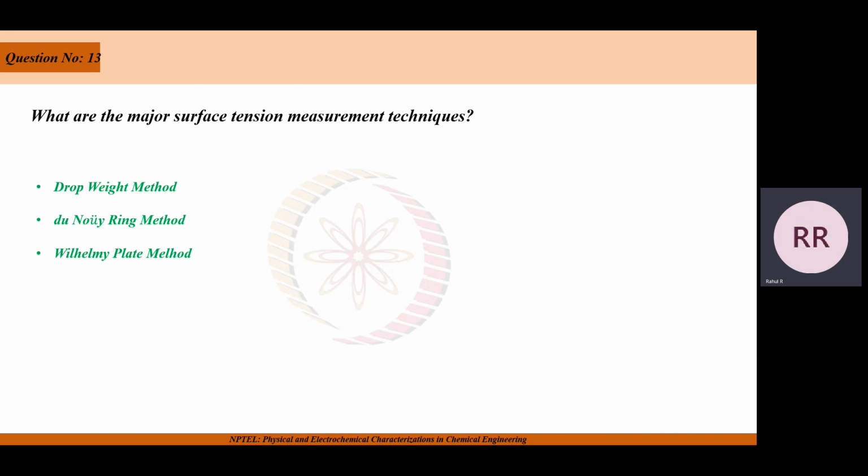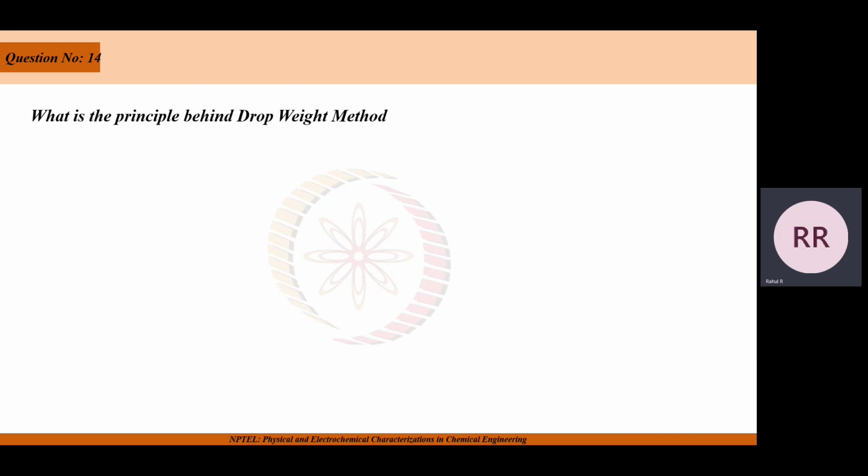So I guess we can move on to the next question, which is: what is the principle behind the drop weight method? What is the principle which drives this drop weight method? Just think about it for a while, then I will give you the answer.